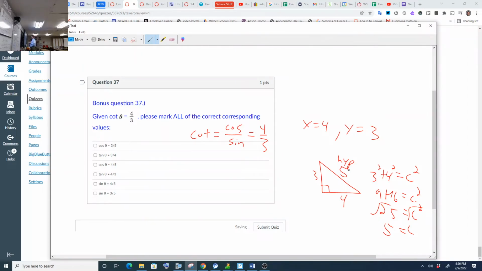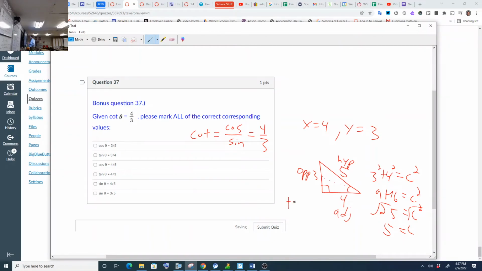The angle we're looking at here, they tell us cotangent of theta, so that's cosine over sine. So I'm guessing we're going to use this angle. Opposite this angle would be the opposite side, which is sine. And then adjacent would be the 4, because that's the angle we're going to use.